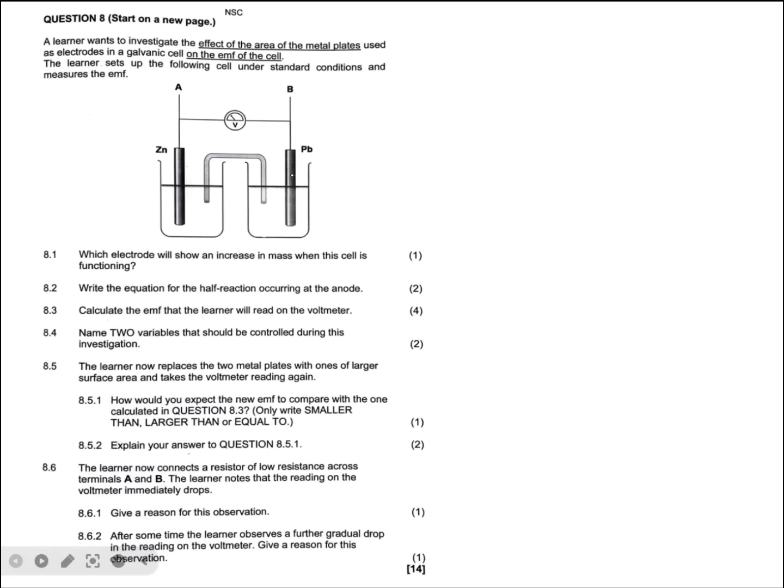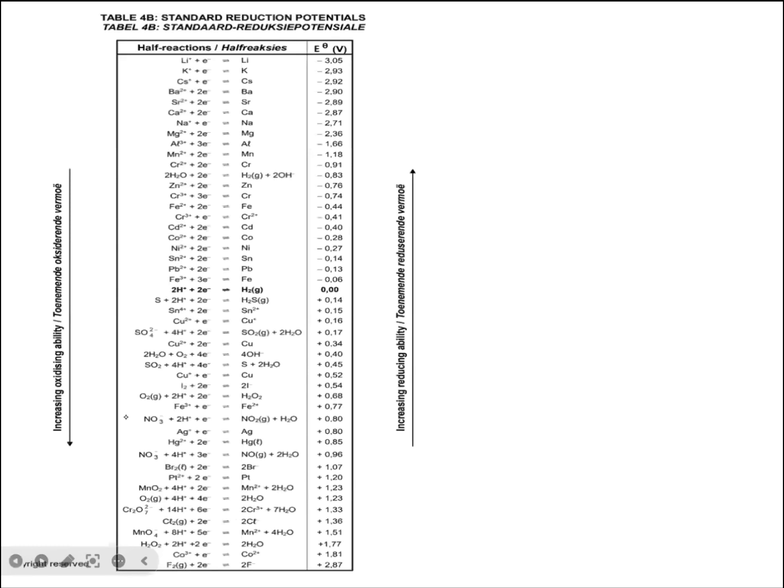Okay, so we do know that the one that shows an increase in mass has to be the cathode electrode. So it's just a matter of checking between the Pb, lead, and zinc, which one is actually the cathode. We know that our anode is above and our cathode is below. So let's check. The first one that we see is zinc. Then where is Pb? Pb is somewhere there. Right, there we go.